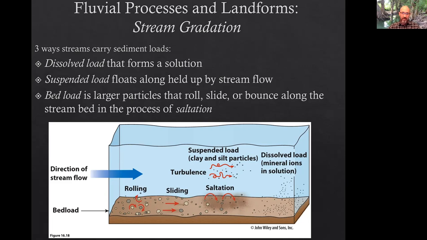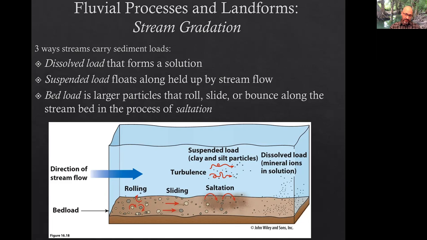Water can bounce around small, lighter pieces of load that are kind of floating, not all the way at the top, but not all the way on the bed, right? And so the more turbid the water is, the more load that river channel can carry.